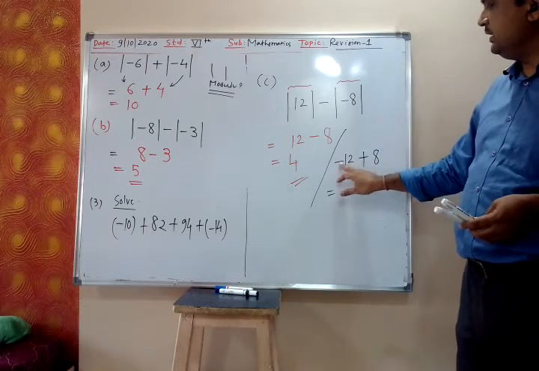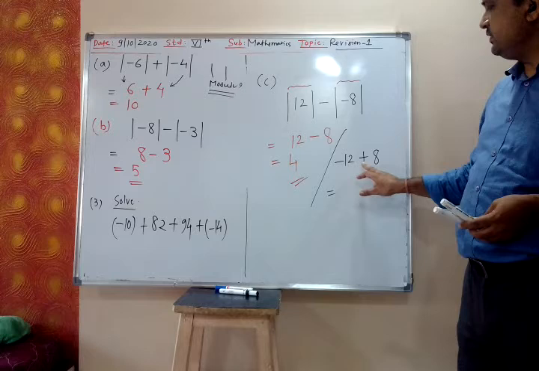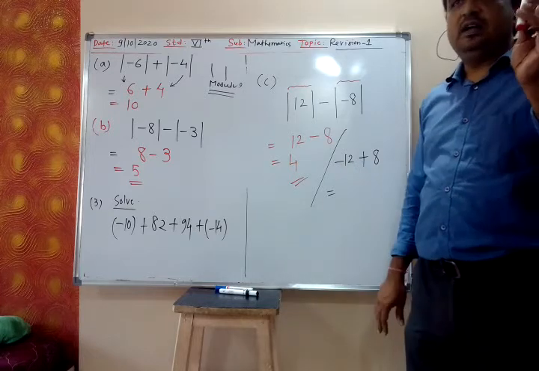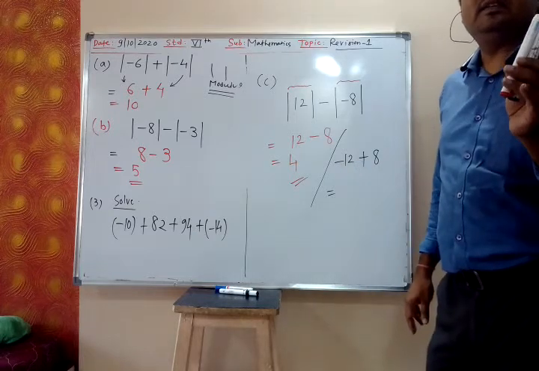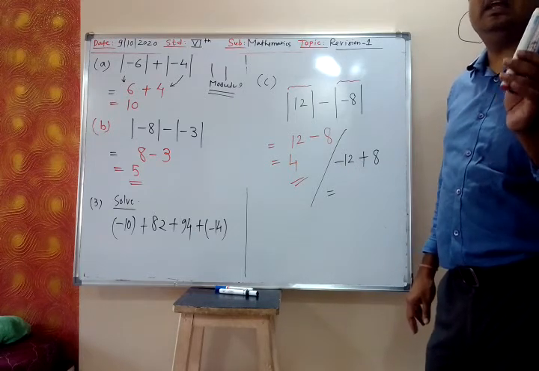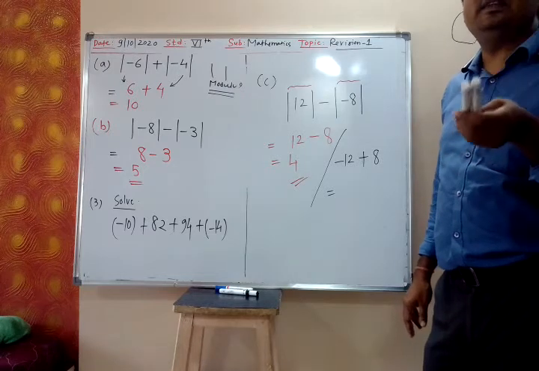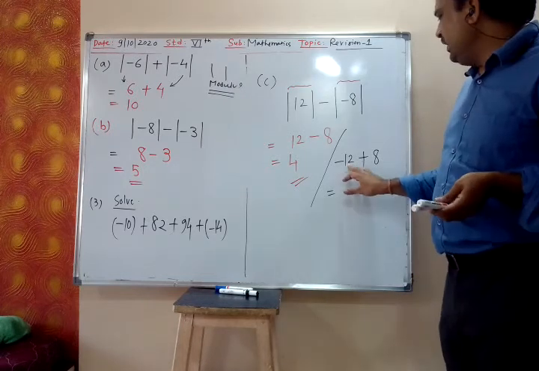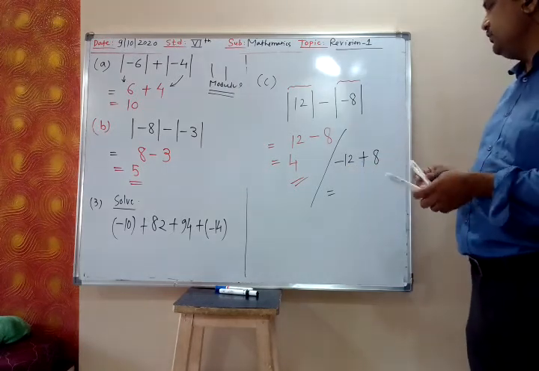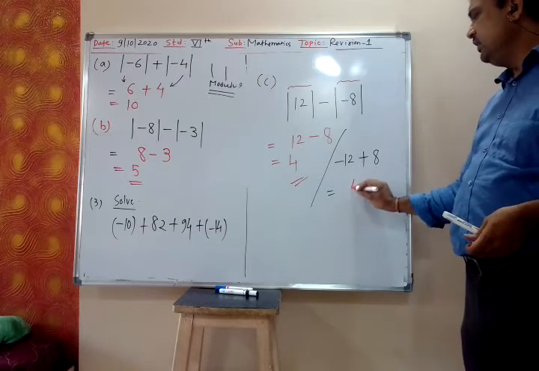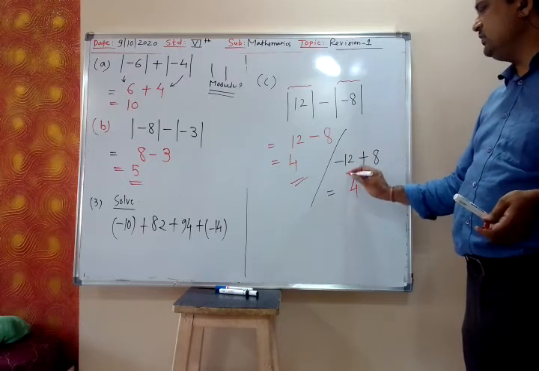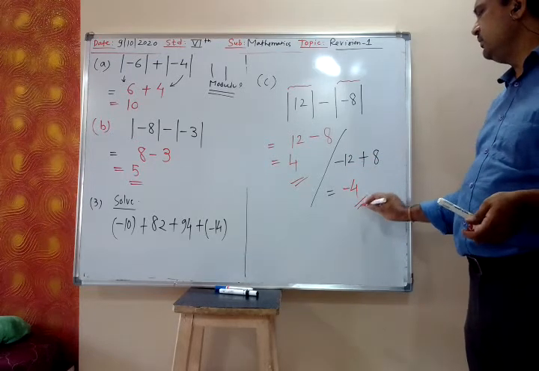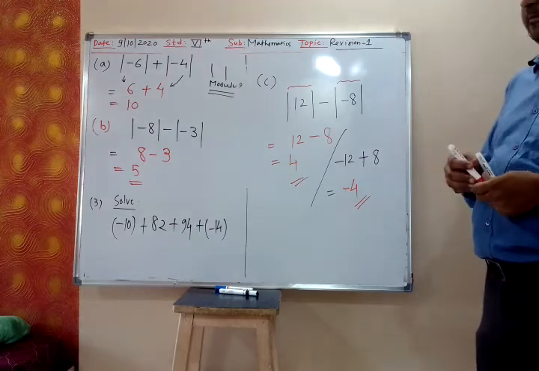What is the sign of 12? Minus. What is the sign of 8? Plus. Minus and plus are opposite signs. So 12 minus 8 is 4. Now which number is bigger? 12. What is its sign? Minus. So the answer is minus 4.